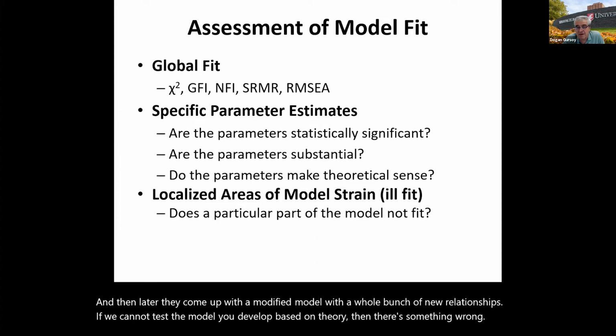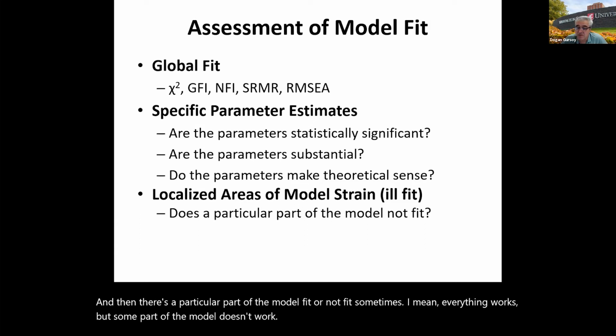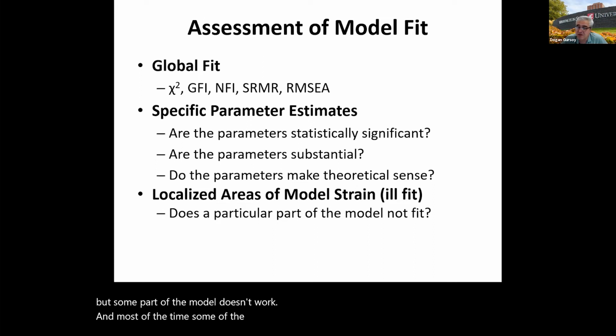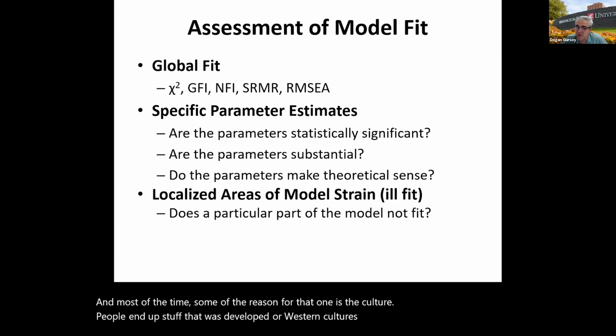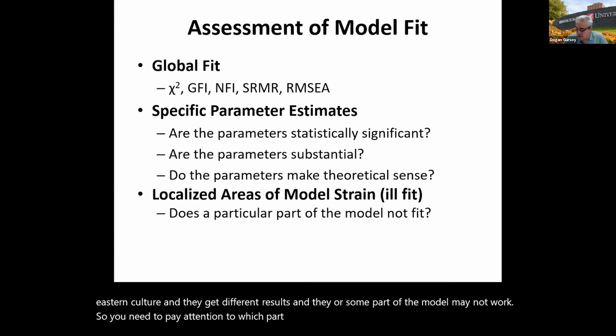Okay. And then does a particular part of the model fit or not fit? Sometimes, everything works, but some part of the model doesn't work. And most of the time, some of the reason for that one is the culture. People adopt stuff that was developed for Western cultures, and they try to use them in the Eastern culture, and they get different results, or some part of the model may not work. So you need to pay attention to which part works, which part doesn't work.